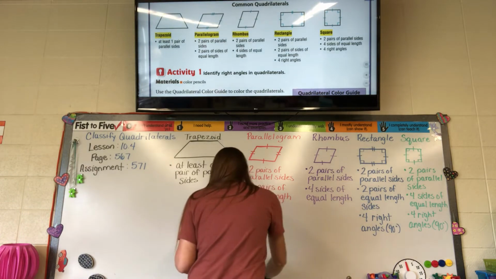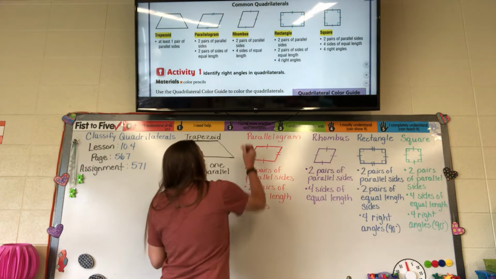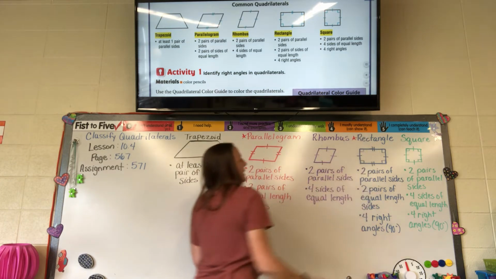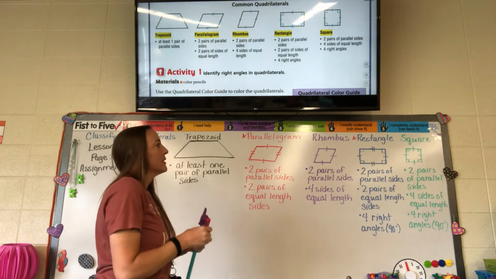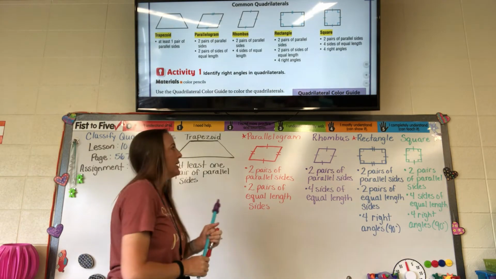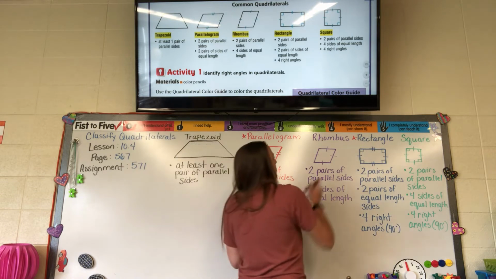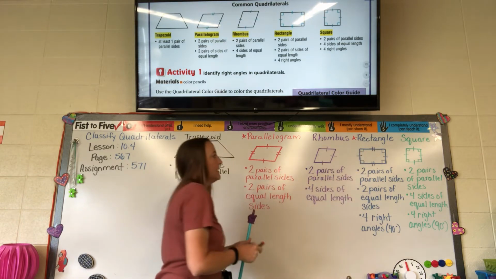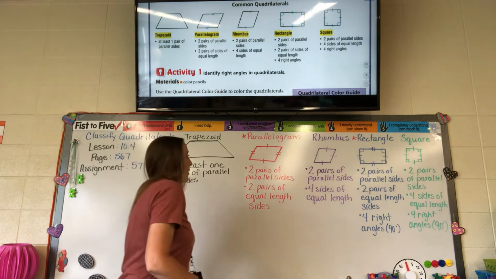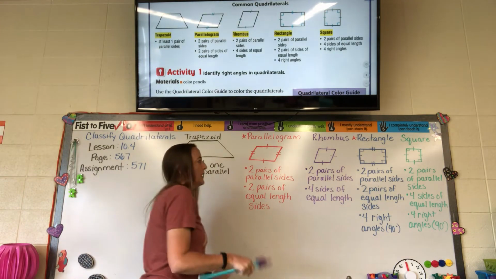So really, the parallelogram and rectangle are related in that a parallelogram is a rectangle pushed sideways, and a rhombus and a square are related in that they have four sides that are the same length, but the rhombus has been pushed over a little bit.